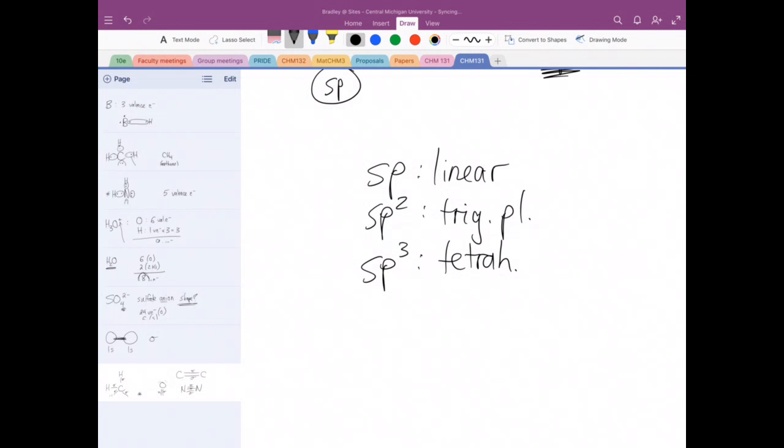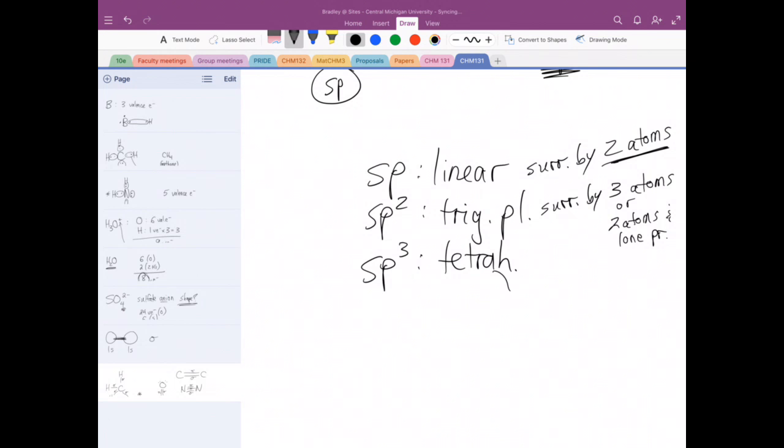An sp center is surrounded by just 2 atoms. An sp2 center is surrounded by 3 atoms, or 2 atoms and a lone pair.